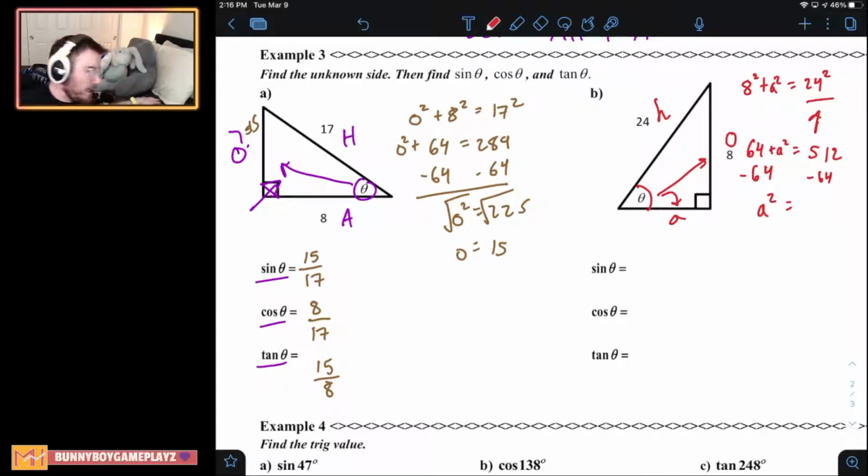I gotta break out the calculator on this one. 512 minus 64 is 448. And when you take the square root of 448, it comes out to be a decimal.